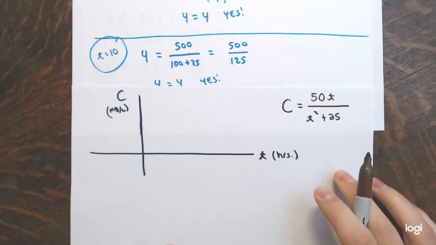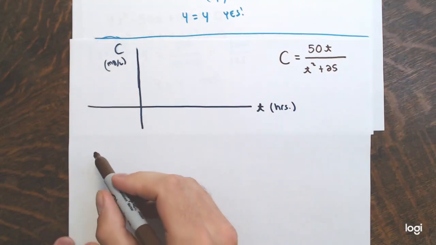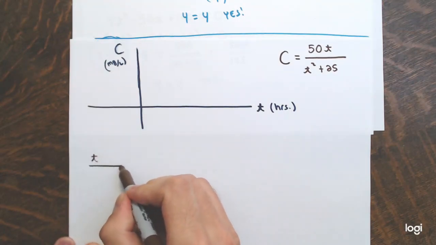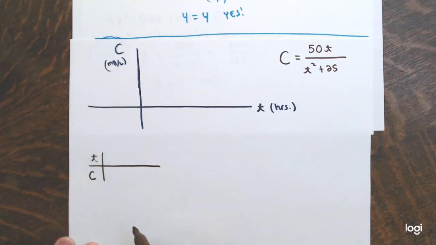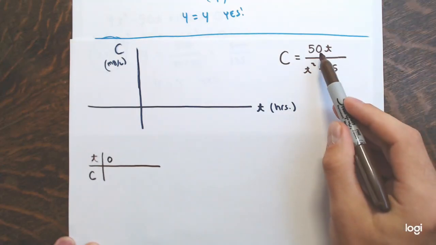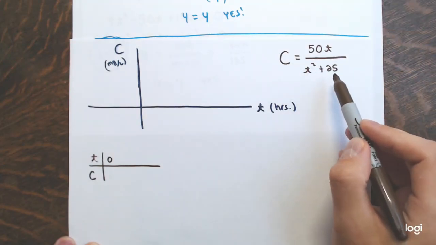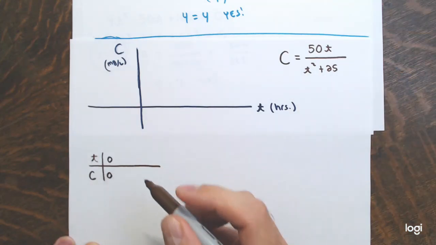Right. Now you could go and try to make a table, plug in different values of t and see what values of c you get. And I'll make a little chart here. So an easy one would be if t were 0, you'd have 50 times 0, you'd have 0 in the numerator, and then 0 squared plus 25 in the denominator. That'd be 0. 0 divided by 25 is just 0.